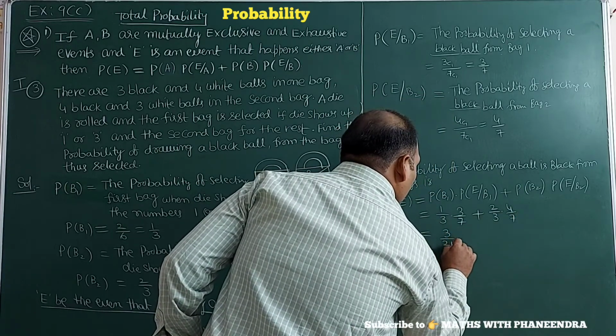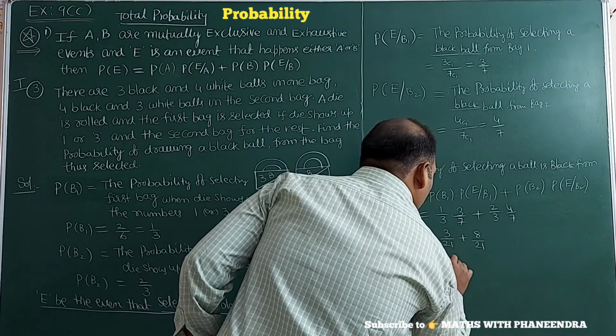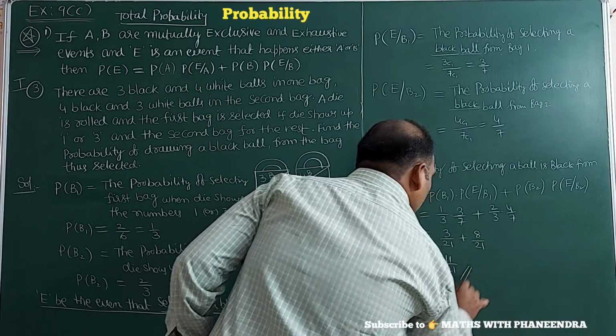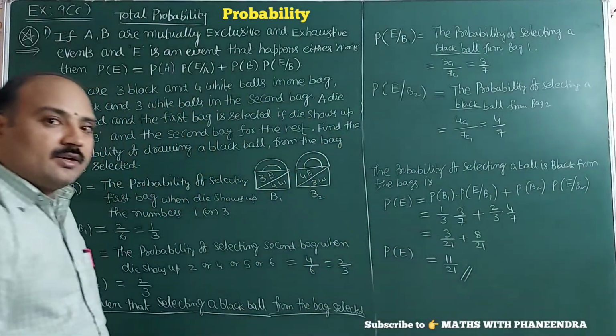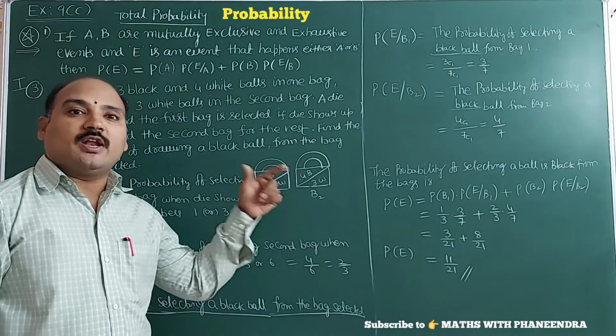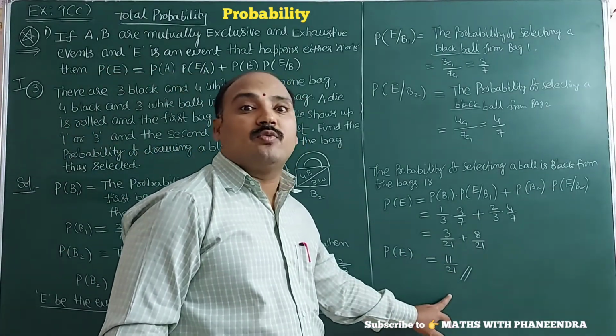That is 3 by 21 plus 8 by 21, which is equal to 11 by 21. So the probability of selecting a black ball from the selected bags is P of E equal to 11 by 21.